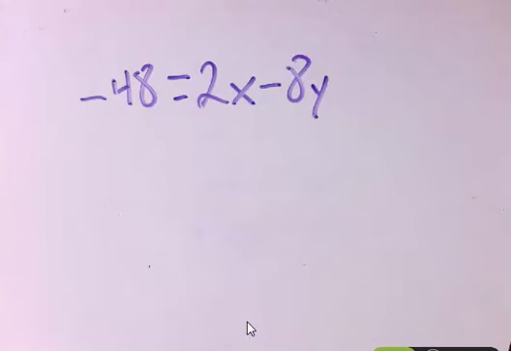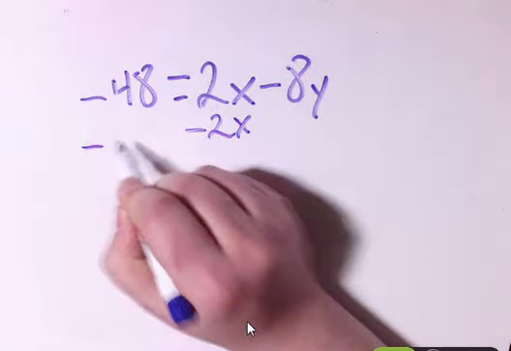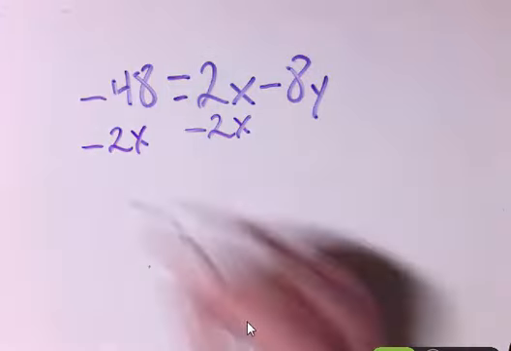Alright, so if we were given the equation, negative 48 equals 2x minus y, and we want to know the slope, the first thing we have to do is put this into the slope-intercept form. So basically we want to solve for y. So we're going to move the 2x to the other side.